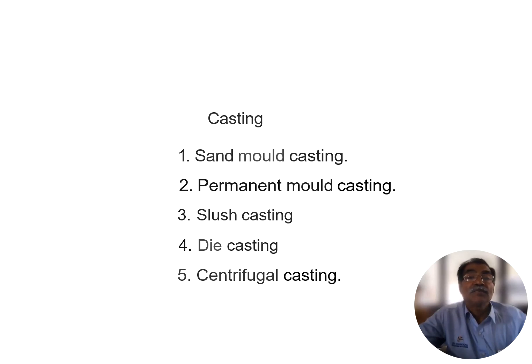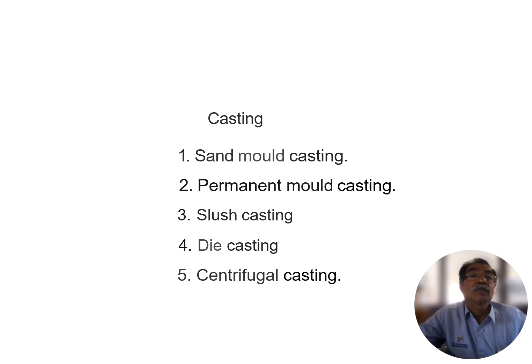Next is centrifugal casting. The casting is produced by a process in which molten metal is poured and allowed to solidify while the mold is kept revolving. It is known as centrifugal casting. The metal that is poured is subjected to centrifugal force due to which it flows to the mold cavities.